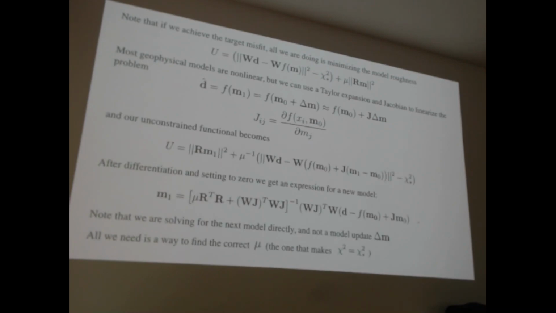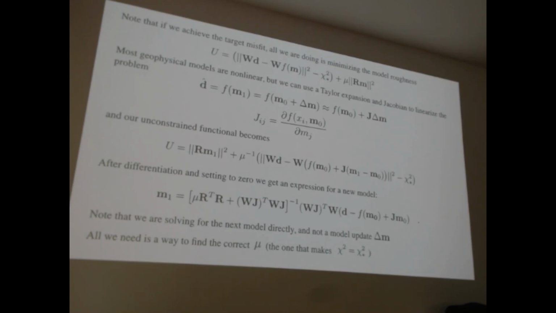That's the derivative matrix I told you about. So we substitute this in for f of m up here, and we get this guy here, differentiate and set the thing to 0, and we've got something interesting.